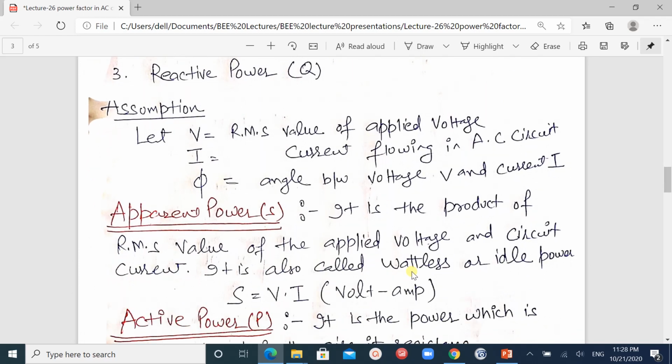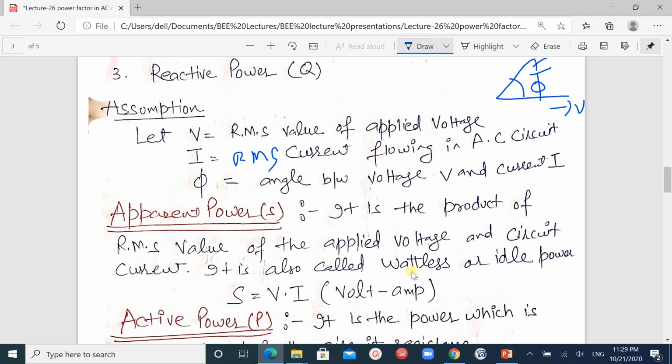Let capital V be the RMS value of applied voltage, and capital I be the RMS current flowing in the AC circuit, and phi is the angle between voltage and current. For example, this is voltage, this is current, and this is the angle phi.